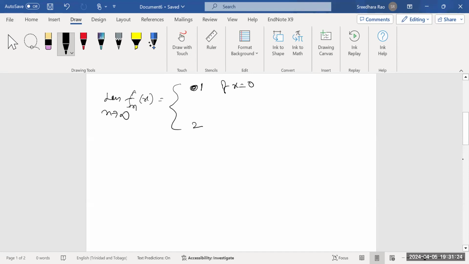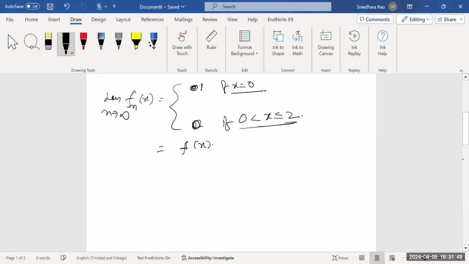And the remaining value, if 0 is less than x is less than or equal to 2. So this is your function f of x. So f of x is equal to 1, that is when x is equal to 0.